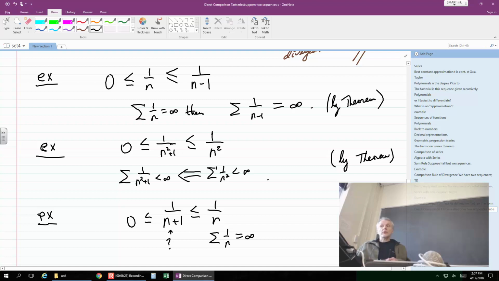So the series on the right is the harmonic series. It is divergent. Can we say that the other one is divergent too? No? Why not?